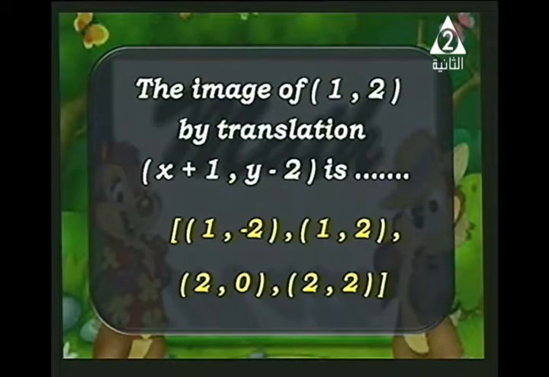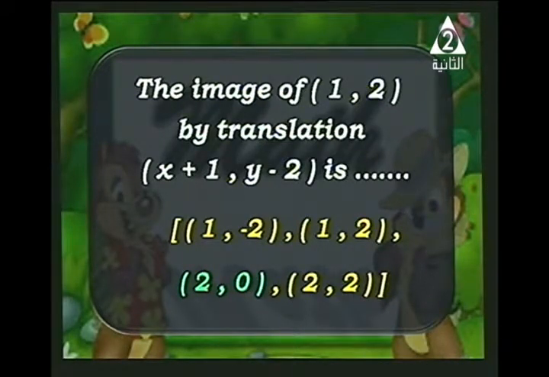At the very beginning, you know that a point plus the translation gives you the image. So the point is 1 and 2. What about the translation? Yes, it is 1 and negative 2. So point plus translation means 1 plus 1 equals 2, and 2 plus negative 2 equals 0. So the result will be 2 and 0.